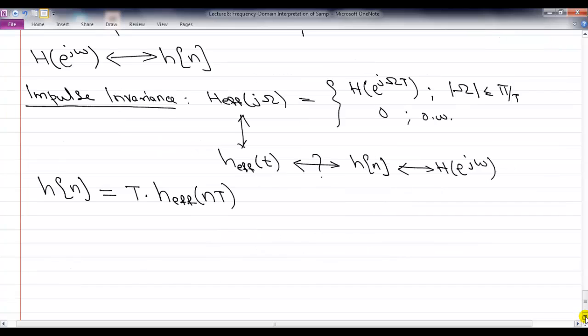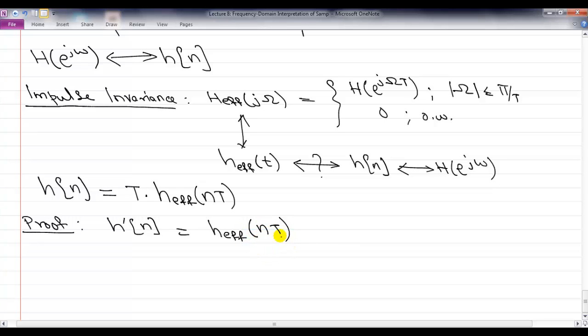And why is that true? It follows simply from the earlier analysis that we did between the frequencies of sampled and continuous time signals. So to prove that, I can just say, let's take h'[n], another sequence, as h_eff(nT).